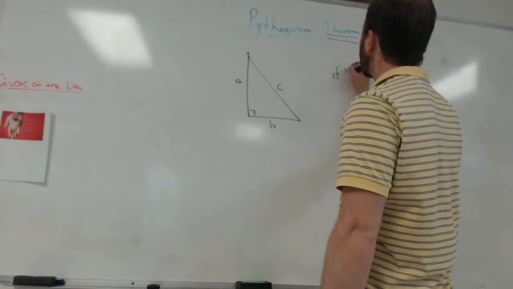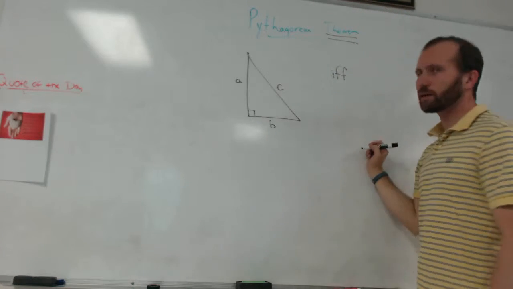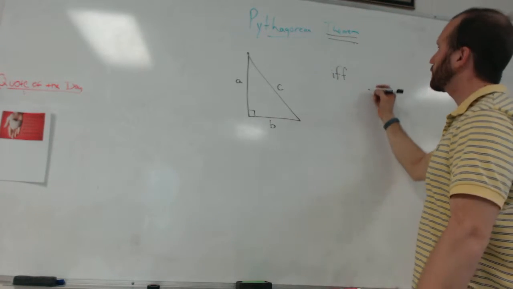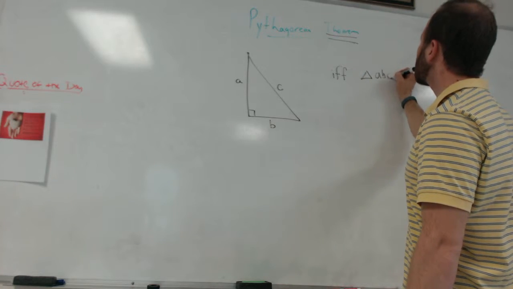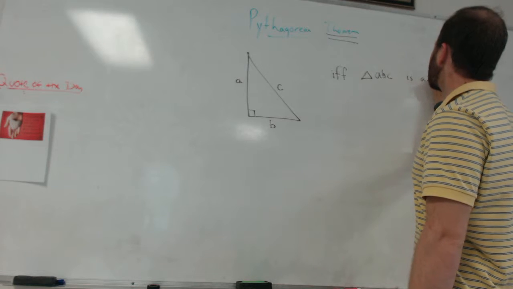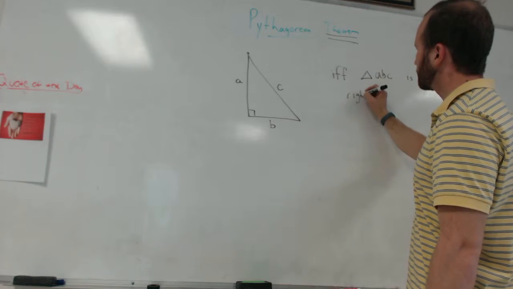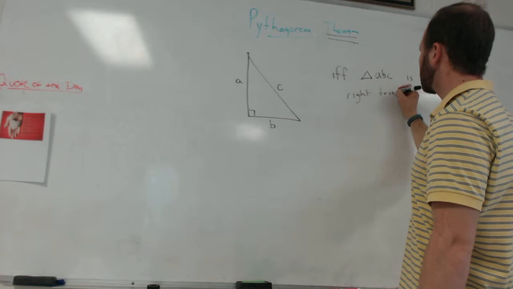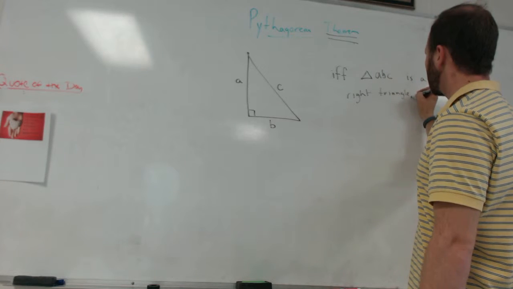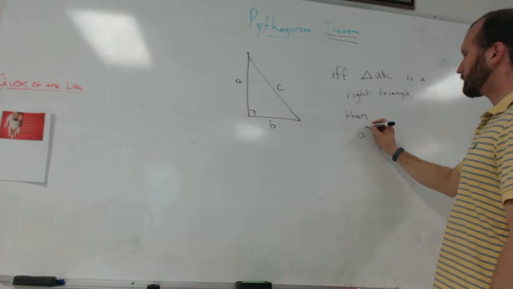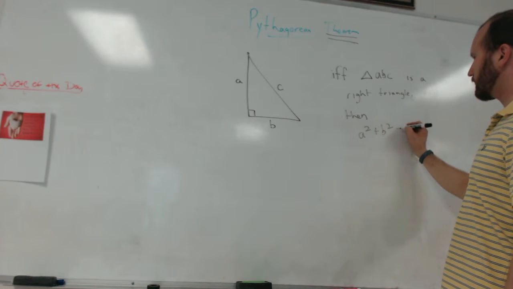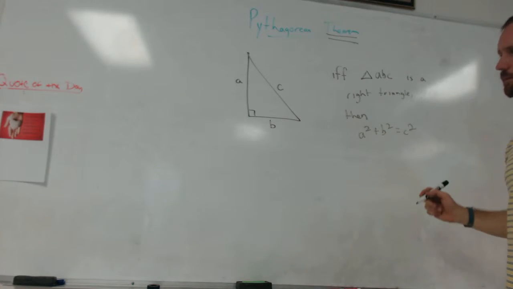If, and I'm going to use the if and only if here, if and only if triangle ABC is a right triangle, then A squared plus B squared equals C squared.